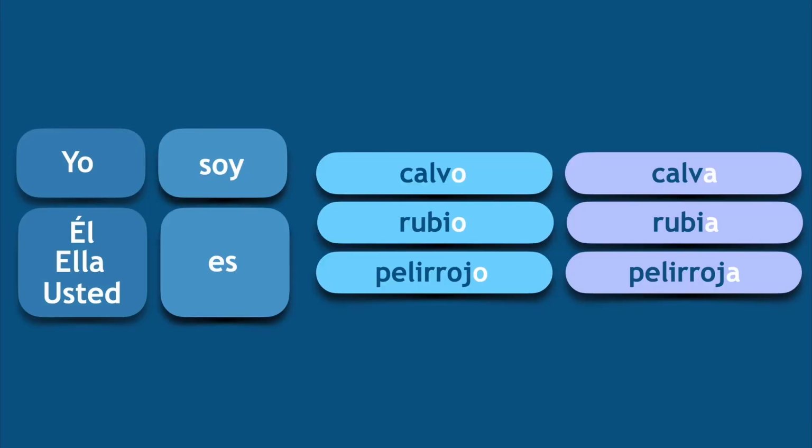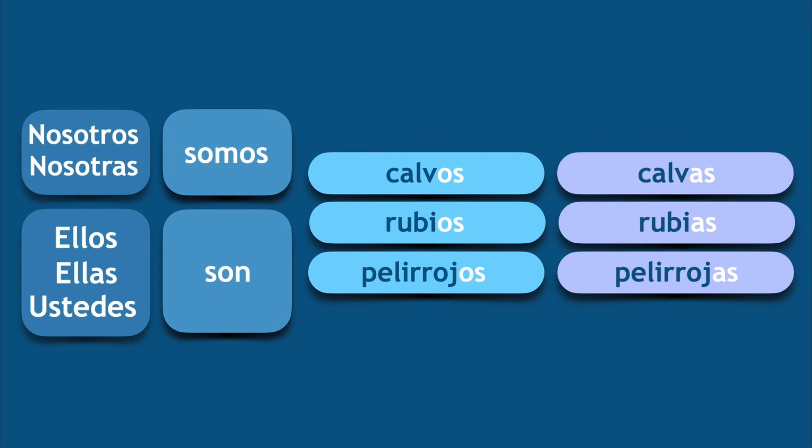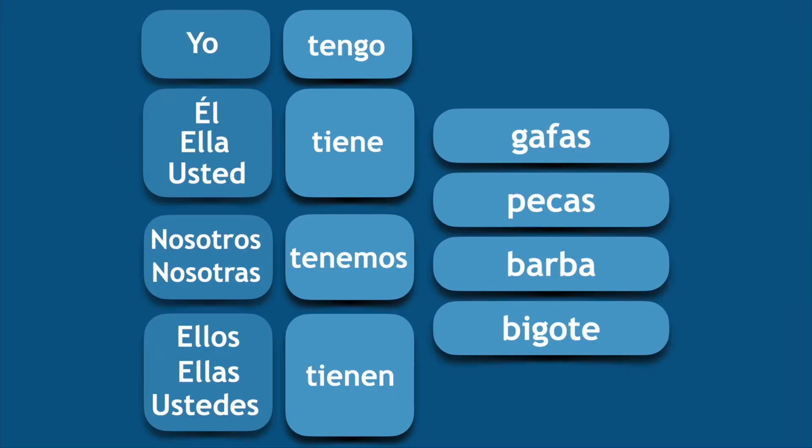Then we have calvo, calva, rubio, rubia, pelirrojo, pelirroja, calvos, calvas, rubios, rubias, pelirrojos, pelirrojas, and gafas, pecas, barba y bigote.